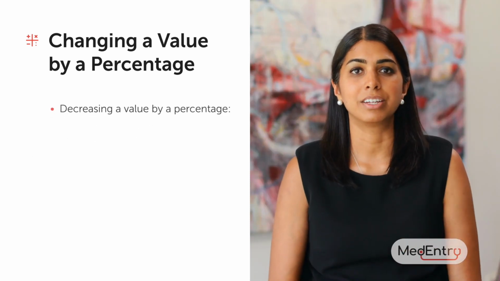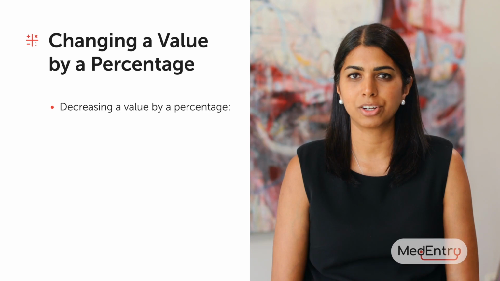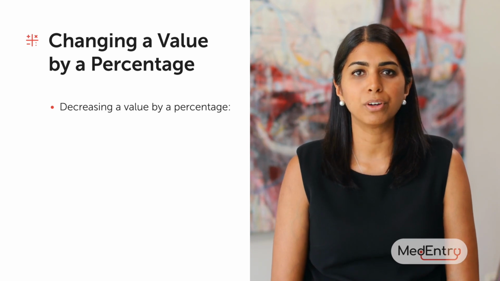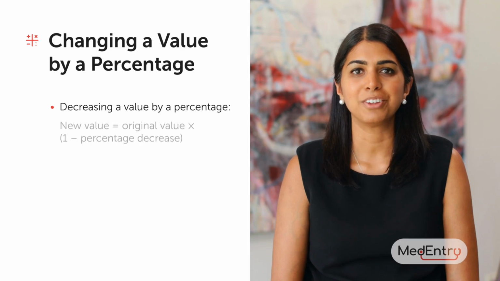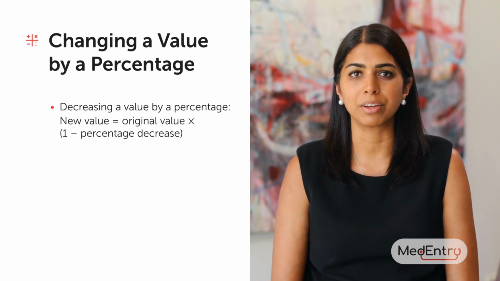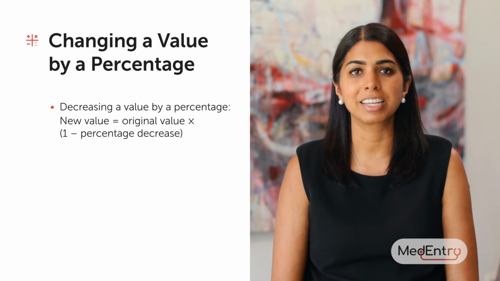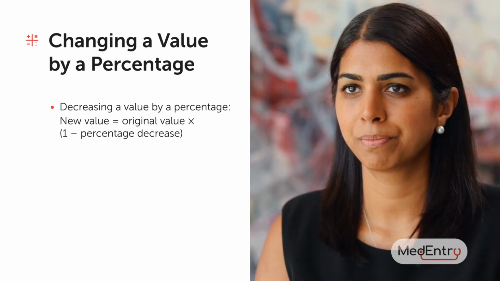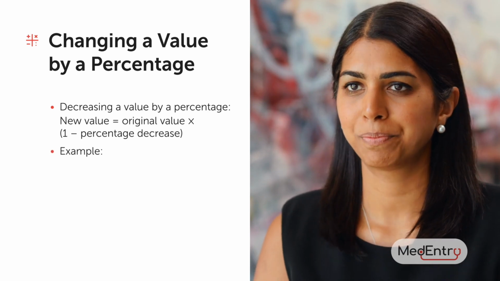Now let's discuss decreasing a value by a percentage. We can use the reverse of the shortcut formula we have just covered. New value equals original value times 1 minus percentage decrease expressed as a decimal. Let's apply it to an example.